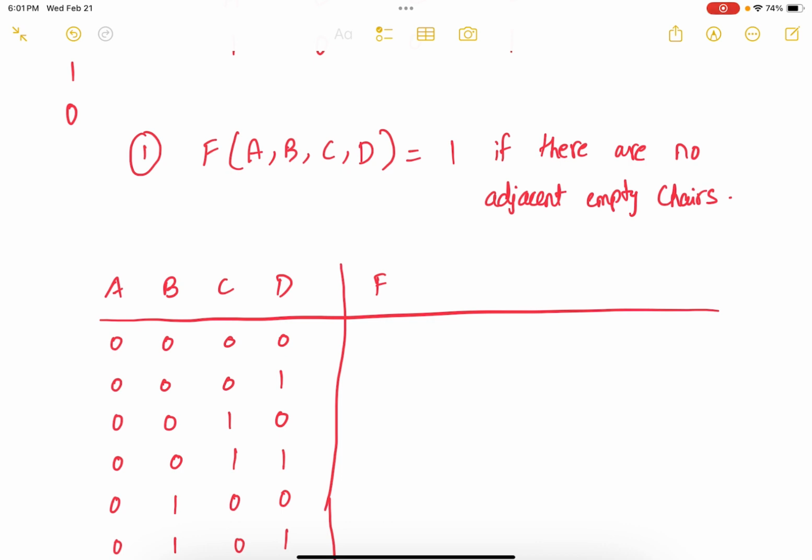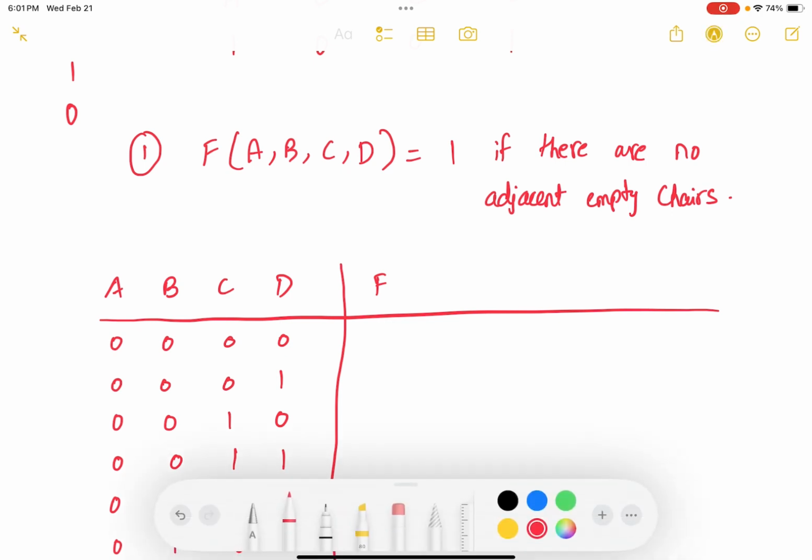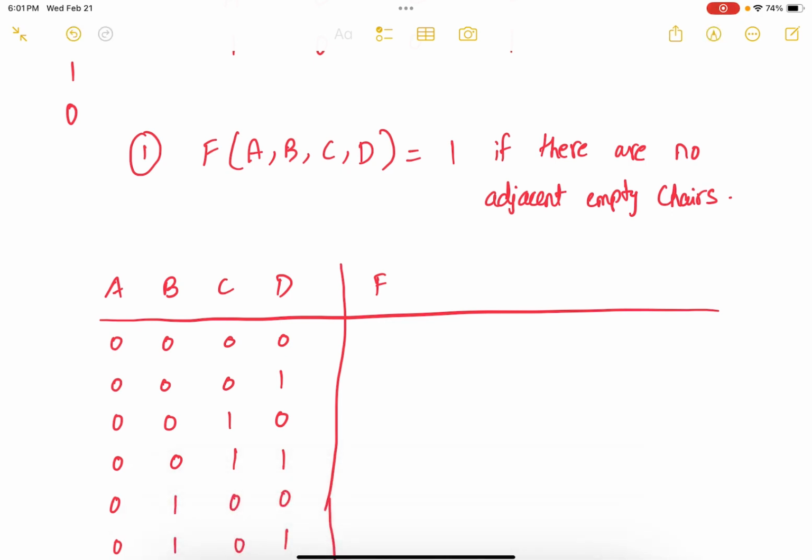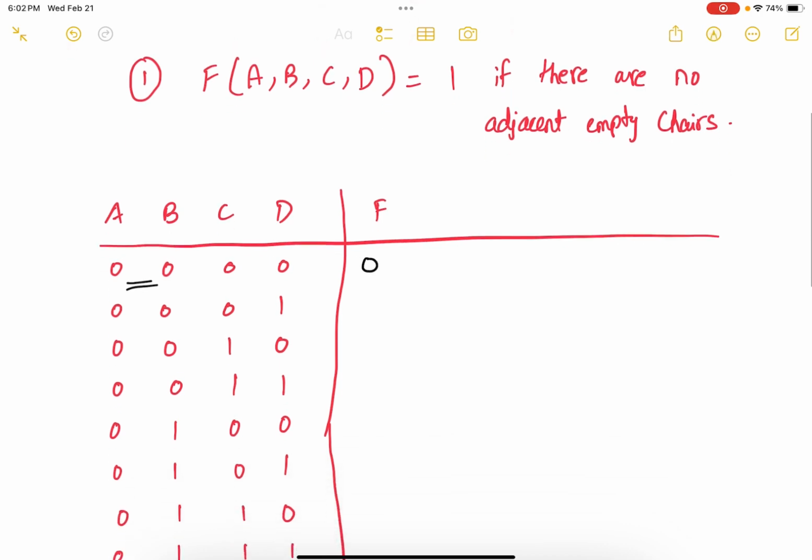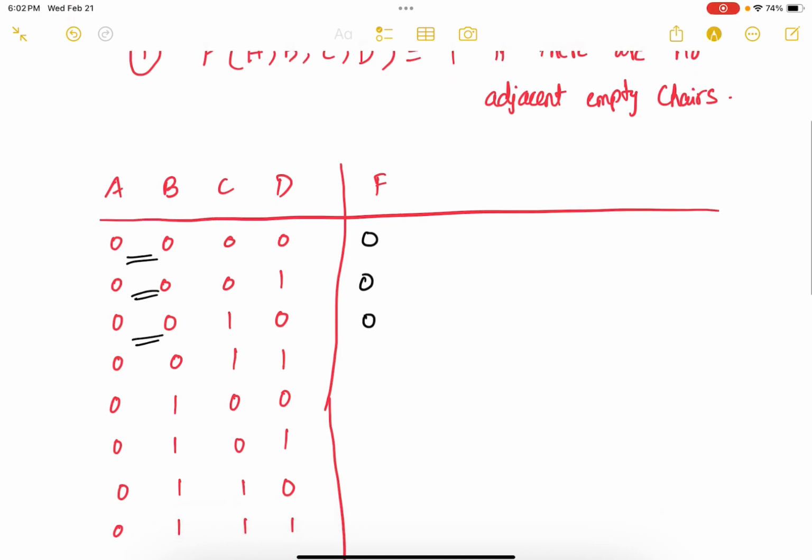In the first combination, here, you have A and B which are adjacent and they are empty. Therefore, F is 0. In the second combination, again A and B are adjacent and they are empty. Therefore, it is 0. In the third combination, again, it's 0.